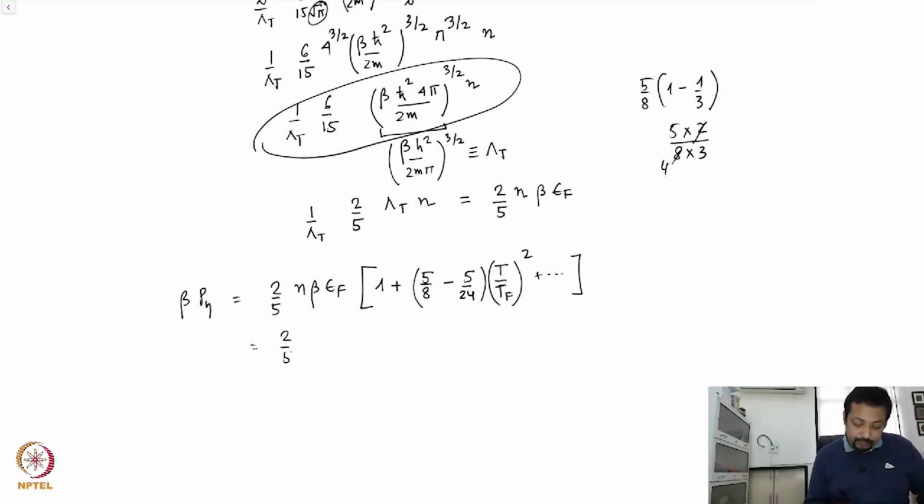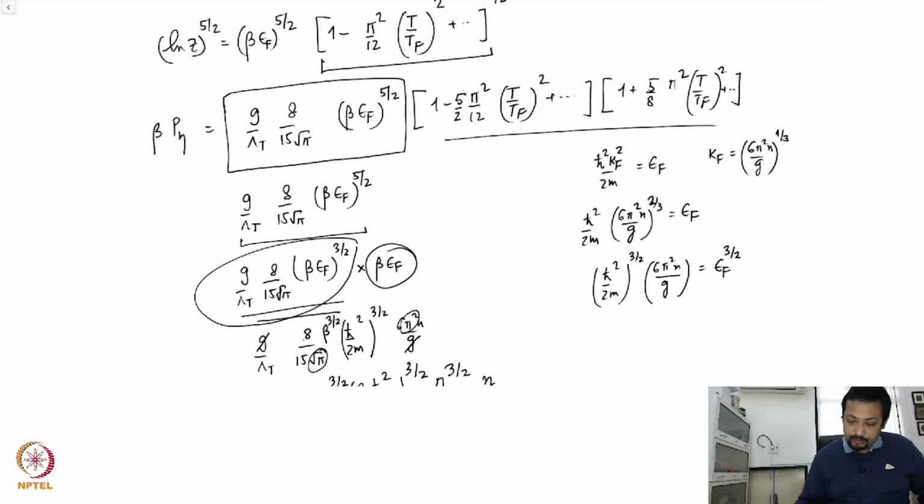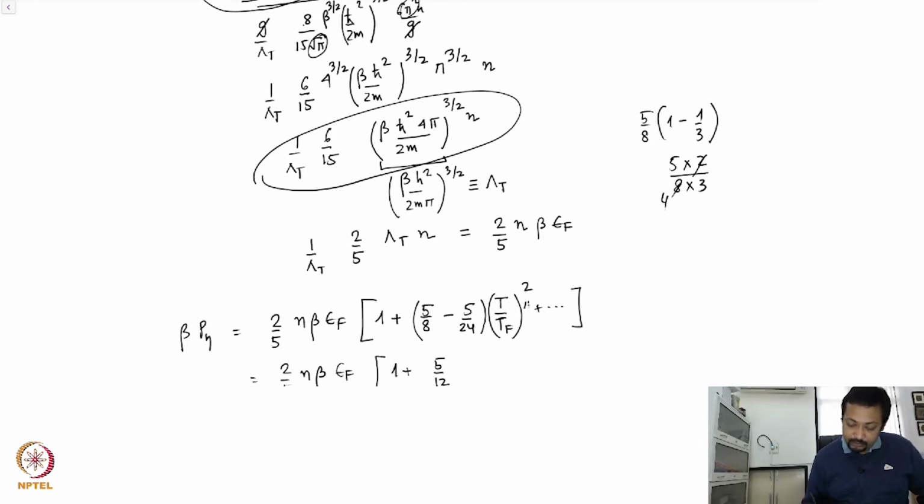So this is 2 by 5 n epsilon f, 1 plus 5 by 12. There's a pi square somewhere, is it? Yes, there's a pi square which we have missed.